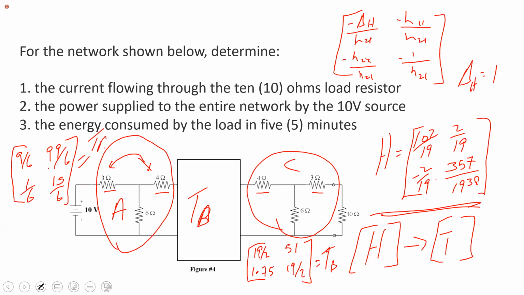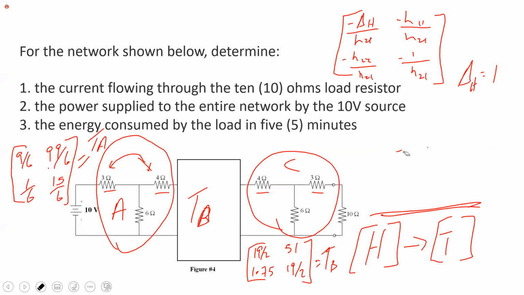So this was the transmission for A. The transmission for C, so TC, let me not gear in a shortcut. When you find TC, it comes out to 15 over 6, 99 over 6, 1 over 6, and 9 over 6.